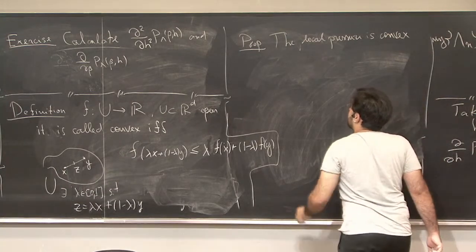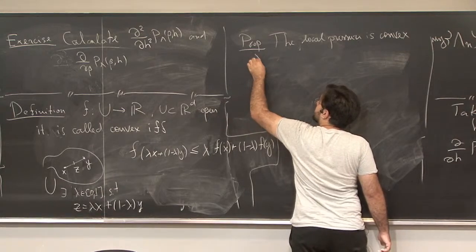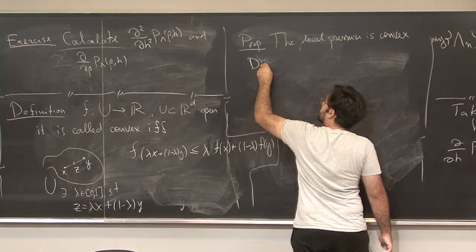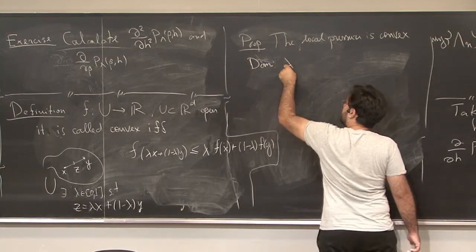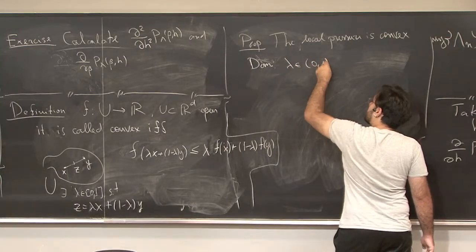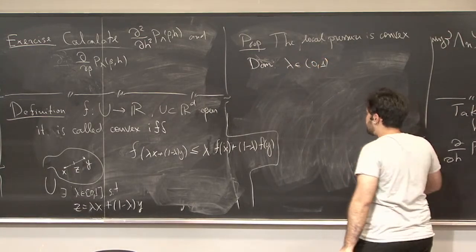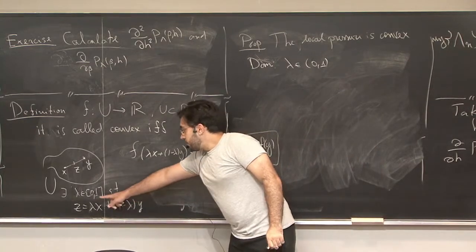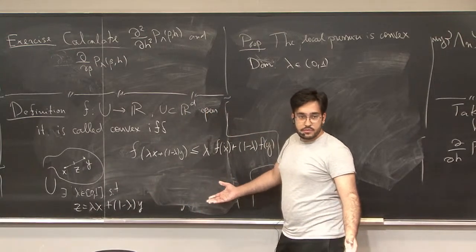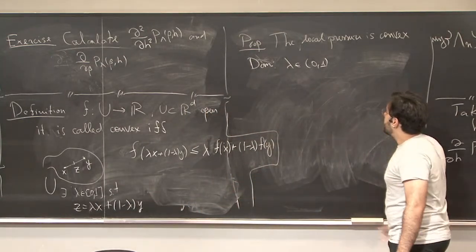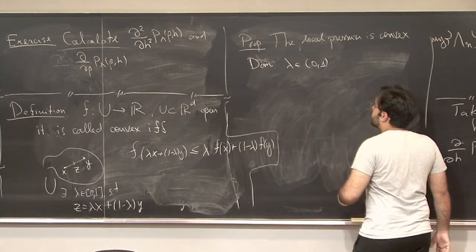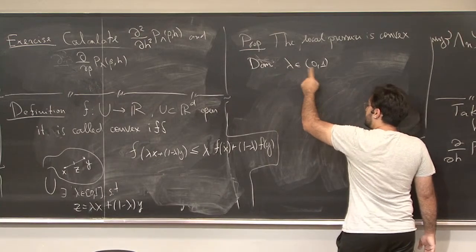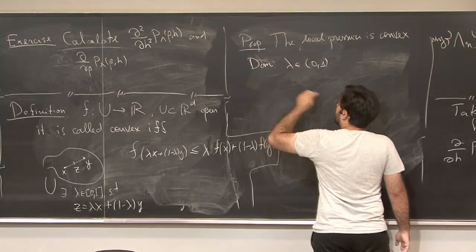So what this means is that if I take lambda inside this interval, let's start the demonstration. For the extremes of the interval, the inequality is trivial, so we just need to check on the open interval. So for any lambda in the interval 0, 1, we have the following.